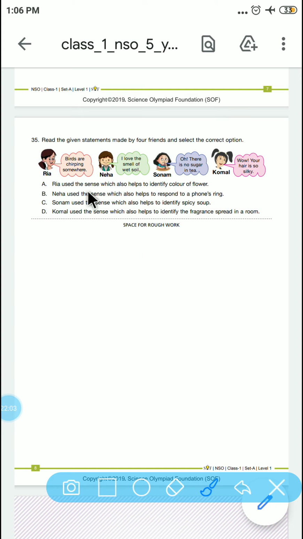Let's check out the options. Riya used the sense which also helps to identify the color of a flower. To hear the chirping of birds, Riya needs her ear, and the ear has no significance in identifying flowers, so it is the wrong option.